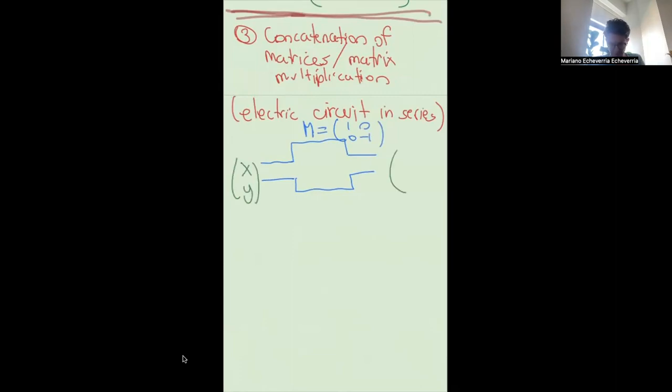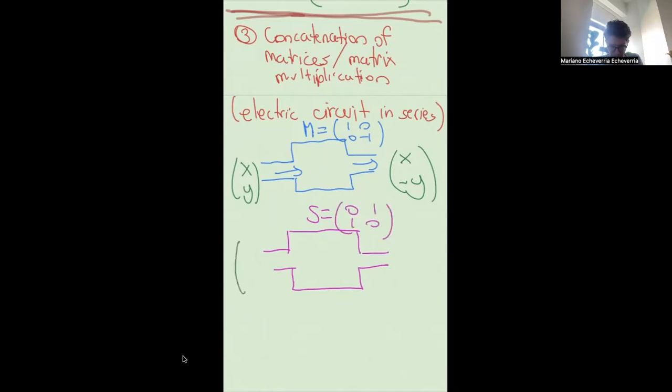So the mirror gave you x, negative y. That's what the mirror matrix would do. And we also had the shift matrix, which was 0, 1, 1, 0.